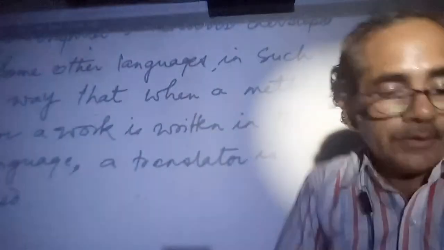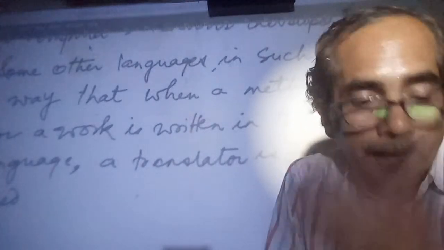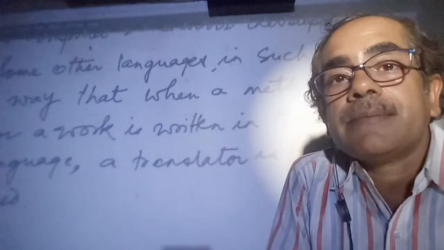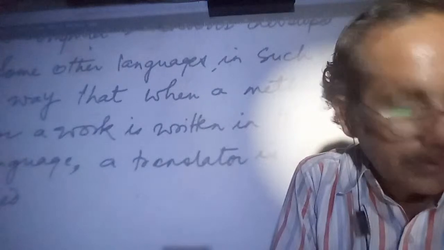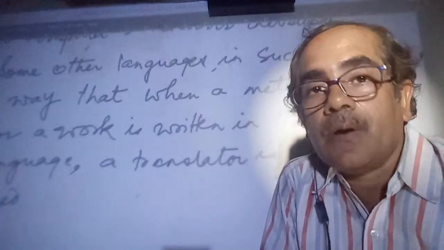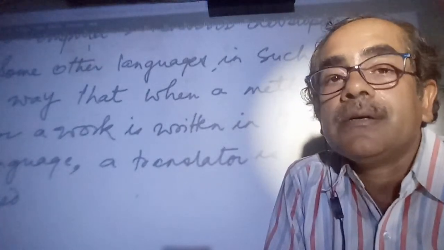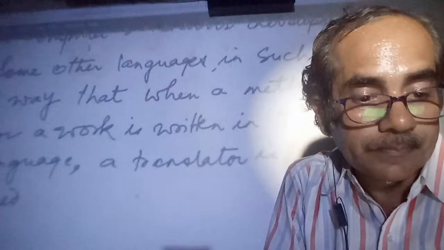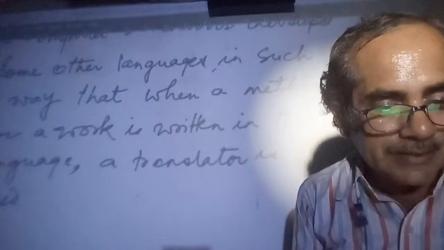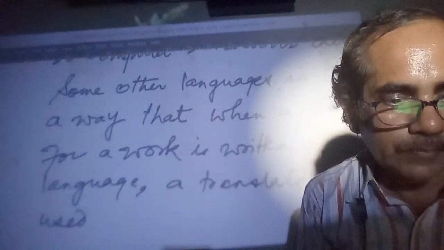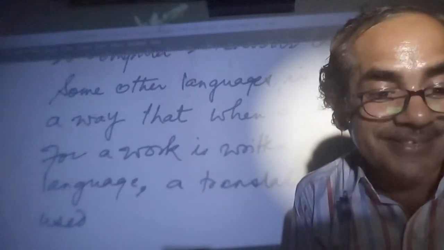Okay, so I told you about the translator. Now, a translator is of two kinds. One type of translator is called an interpreter. Another type of translator is called a compiler. Last year you have studied basic.